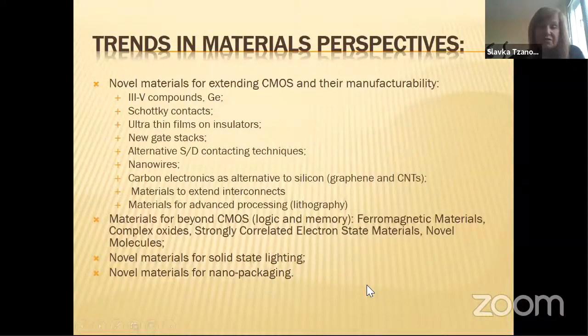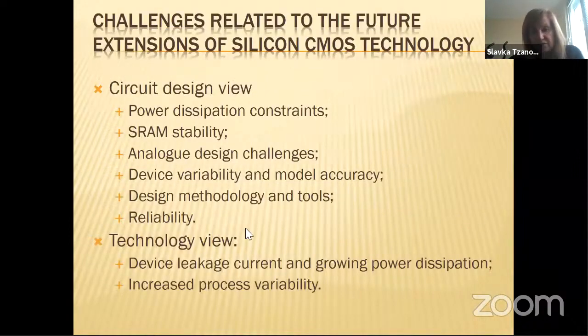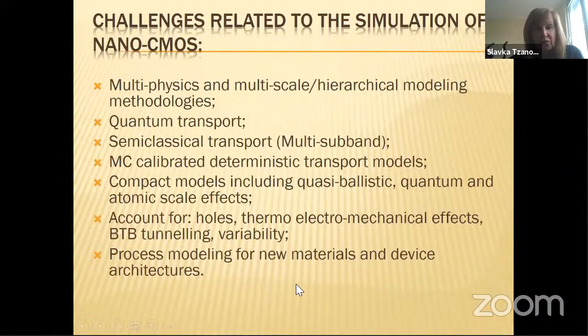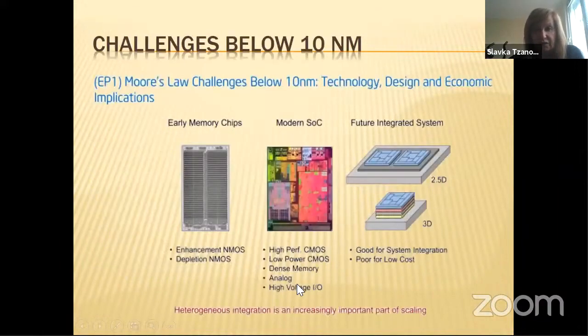Trends in materials, III-V compounds. These are gallium arsenide, what I spoke about, different contacts, nanowires, etc. I'll go to the movie with the challenges before. Below 10 nanometers, I want to end with the movie of a Taiwanese company that is really the best in this.